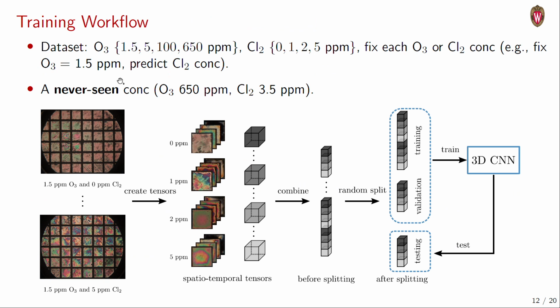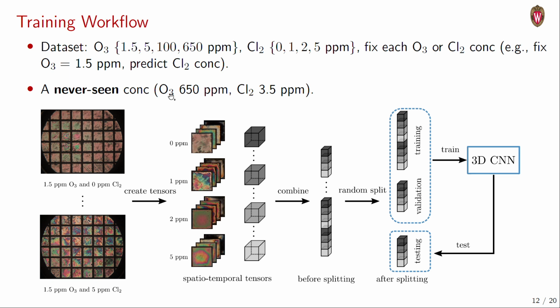Our dataset has 16 ozone and chlorine concentration combinations, with ozone concentration from 1.5 ppm to 650 ppm, and chlorine concentration from 0 ppm to 5 ppm. We fix the concentration of each ozone and chlorine, and predict the concentration of the other chemical.